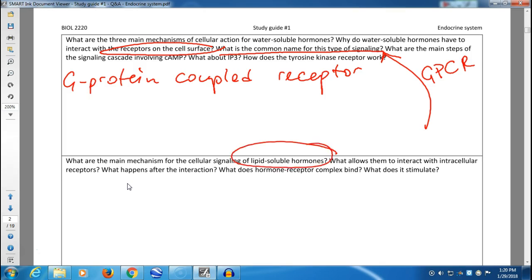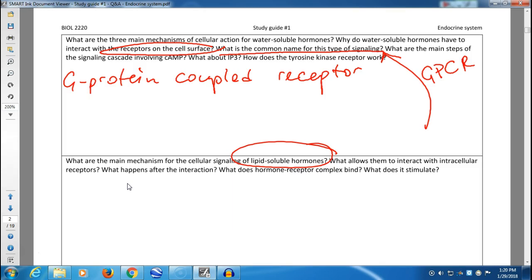Lipid-soluble hormones. Highlights. Receptors inside of the cell. If I ask, can it be in the nucleus? Yes, or in the cytoplasm, of course. That's number one. Number two, hormone binds to the receptor, not to the DNA, not to the RNA, the hormone binds to the receptor protein.